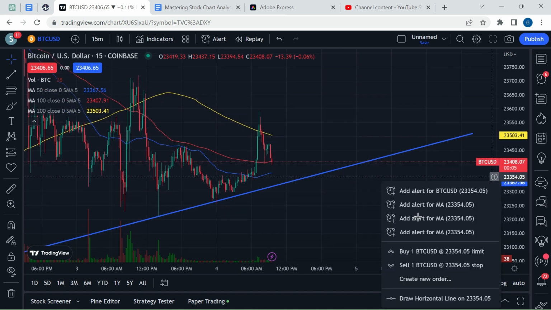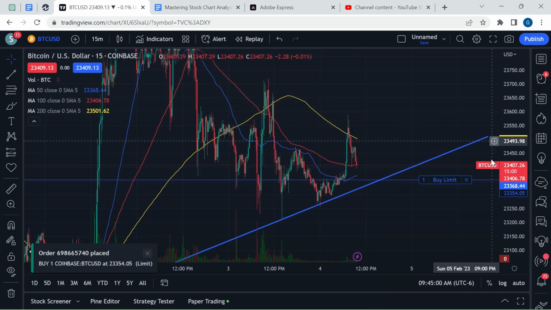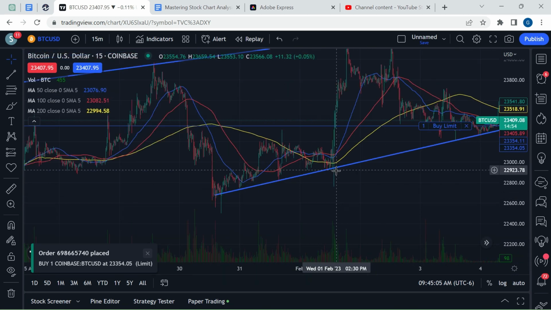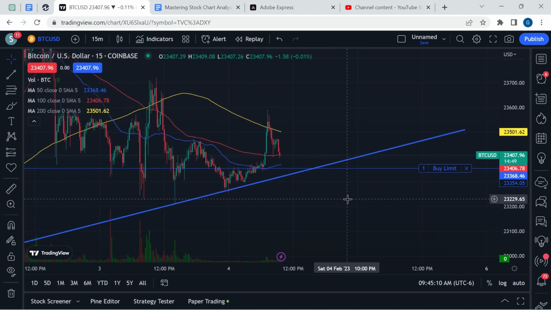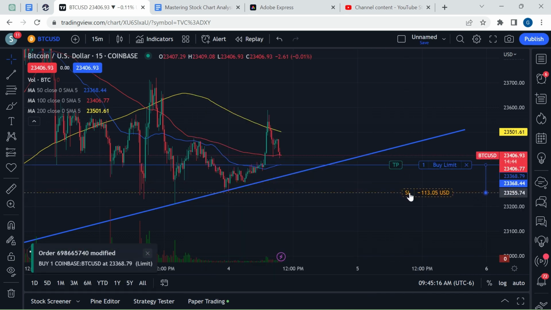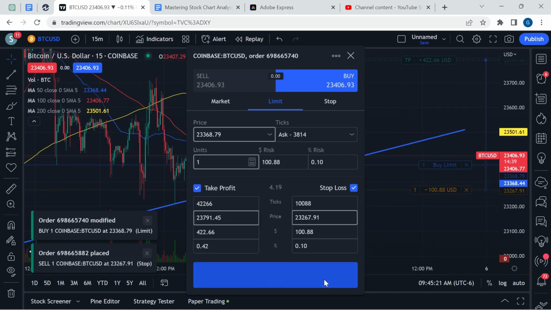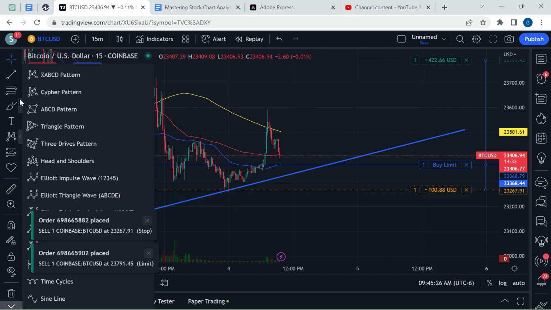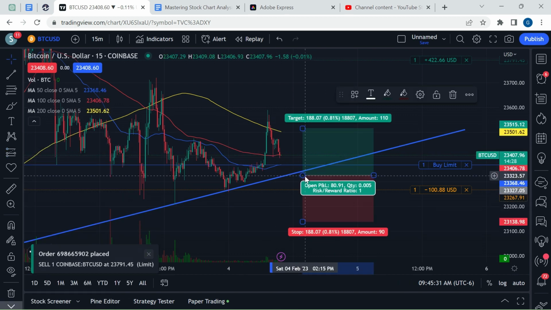Maybe we'll buy right at the support level, since we know this trend level, 1, 2, 3, 4, has been support quite a few times. So we might do something like this. Something like this.